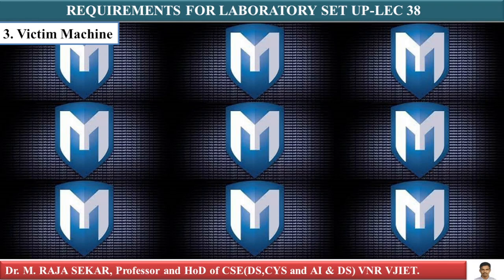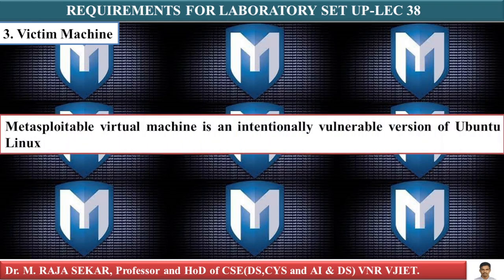Such victim machines are sometimes called Metasploitable machines, in which there are some vulnerabilities. Intentionally, some vulnerabilities have been kept in the machine so that we can demonstrate. It is easier to hack Metasploitable machines, and the purpose is to demonstrate and understand how hacking occurs.